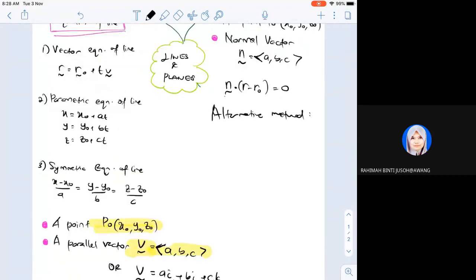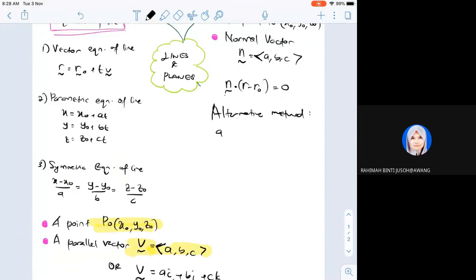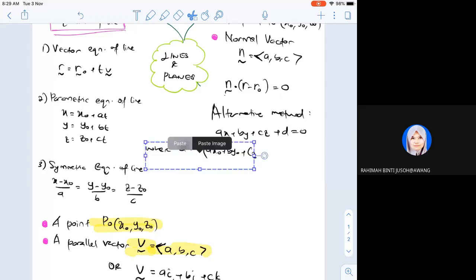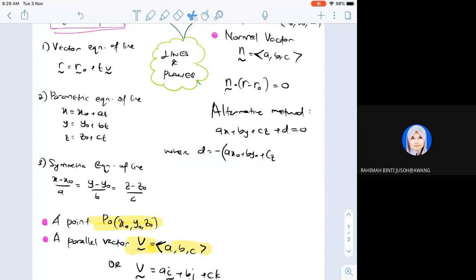We have the equation of plane can be rewritten as ax plus by plus cz plus d equals 0, where d equals negative of (a x naught plus b y naught plus c z naught).